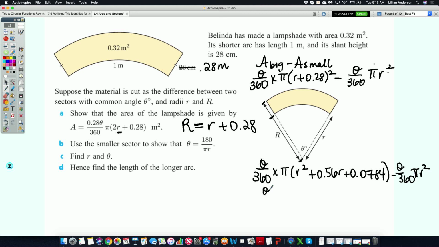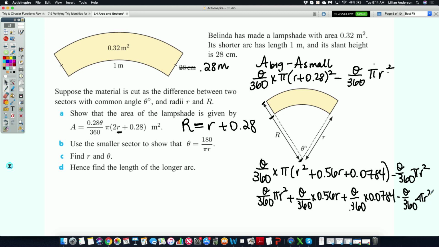So this ends up being... What do you notice? How distributed pi is.